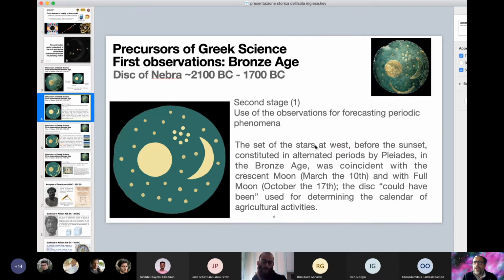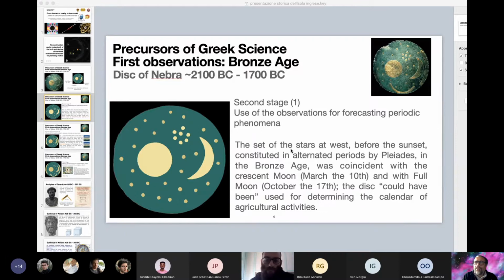The second stage is to use this map of the sky for a forecasting use. Okay, they were using this disk in order to get predictions. Okay, what they were doing most likely?